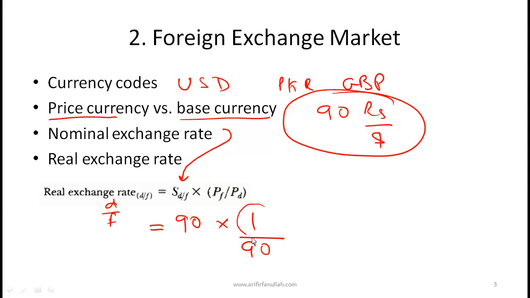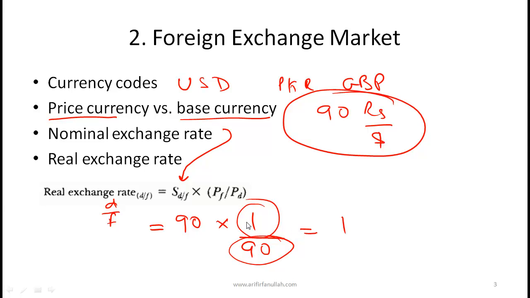So that's where this 1 is coming from. And in Pakistan a squash ball costs 90 rupees. So that's where this 90 is coming from. Okay, then what is the real exchange rate in this example? The real exchange rate is simply 1.